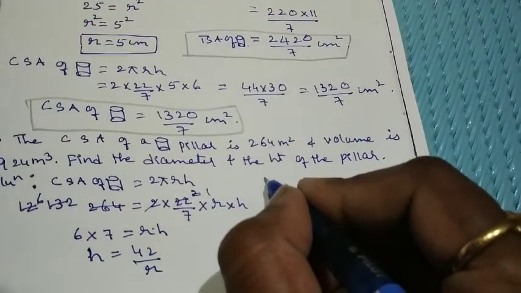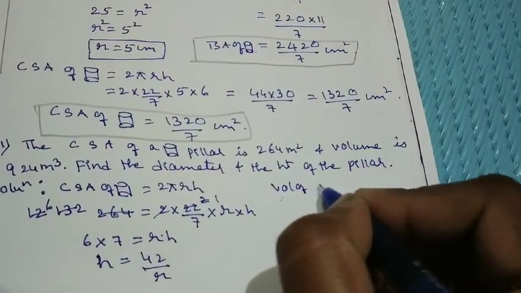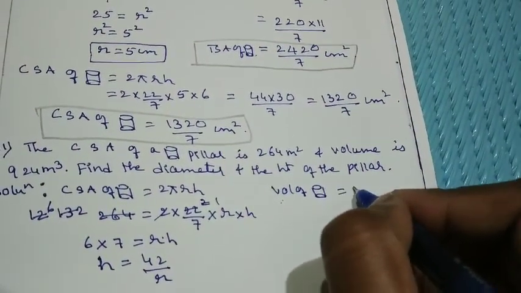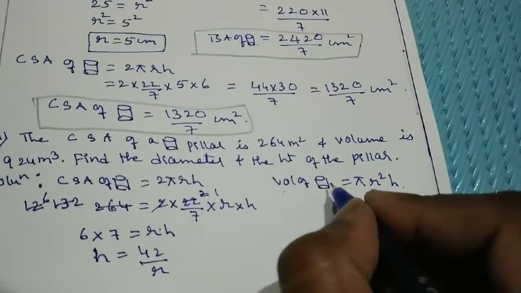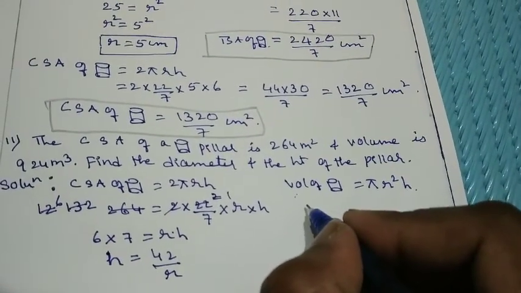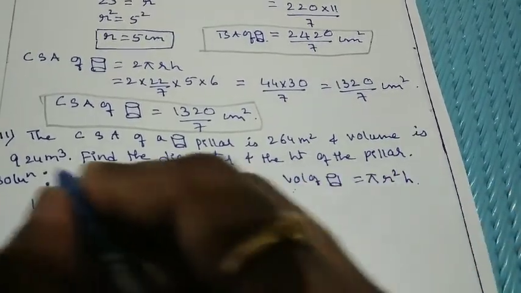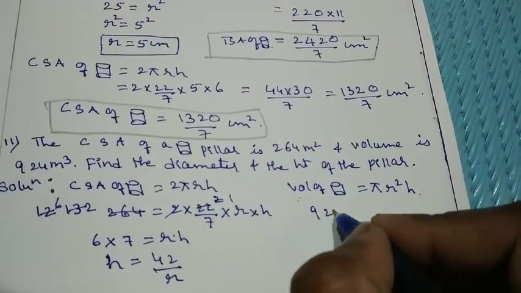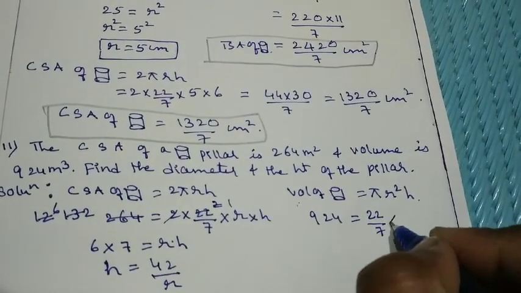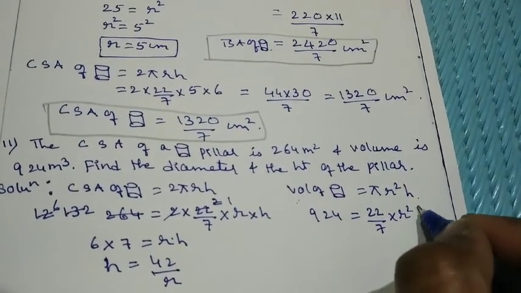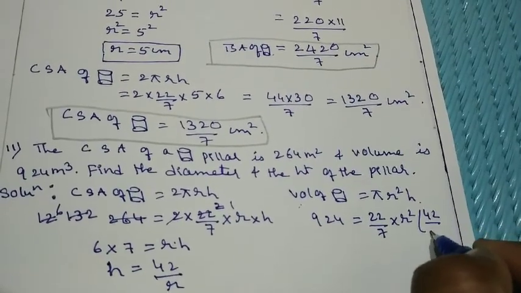Now I'll go with the volume. Volume of cylinder equal to pi r square h. So here the volume value is given: 924 equal to pi value 22 by 7 into r square, we do not know, h value is 42 by r.